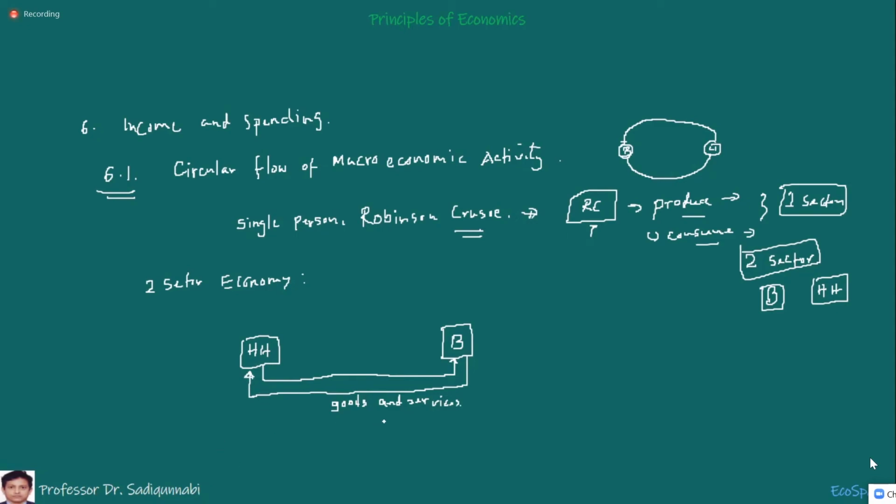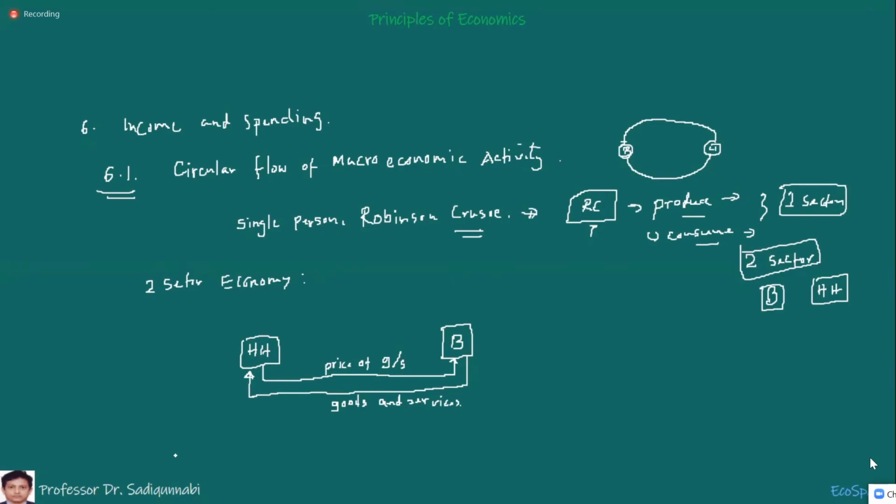What could be the reverse arrow for that? If business gives goods and services to household, what could be the reverse flow in exchange? Price. Price of goods and services.